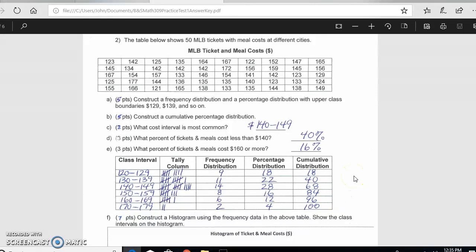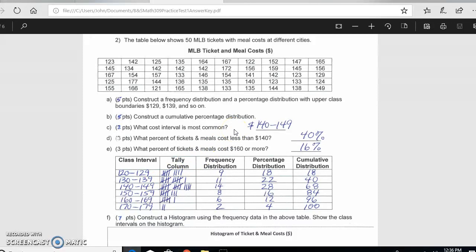Now we're able to answer the questions given in this problem. Letter C asks what cost interval is most common, and that would be the class interval with the highest frequency. That would be right here, and that's 140 to 149.